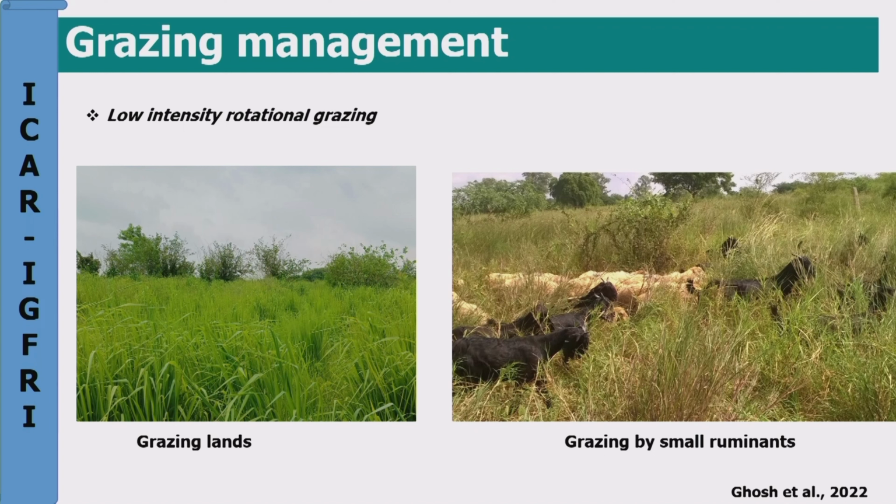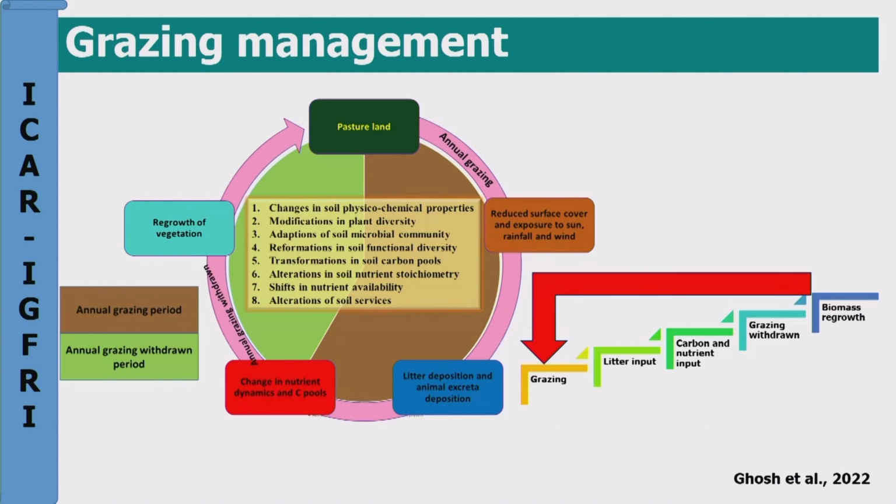And grazing is also an important aspect for the local people, but uncontrolled grazing can cause severe degradation of pasture land as well as greenhouse gas emission. So we designed and imposed a low intensity rotational grazing to solve the problem.